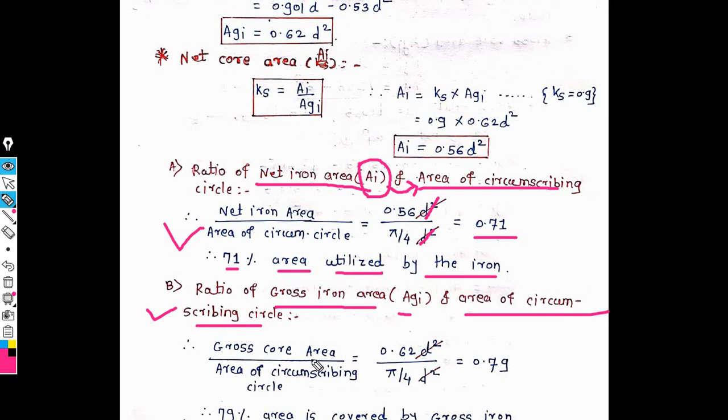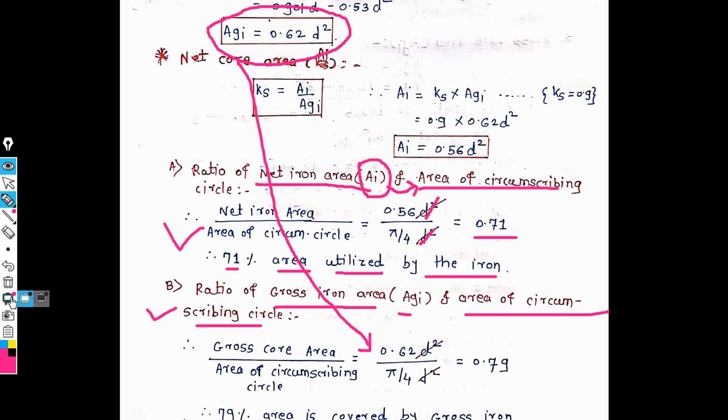The gross core area is 0.62 d square. This value is put here, and the area of circumscribing circle is pi by 4 d square, the same formula.